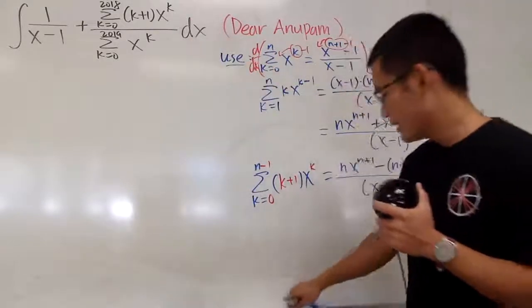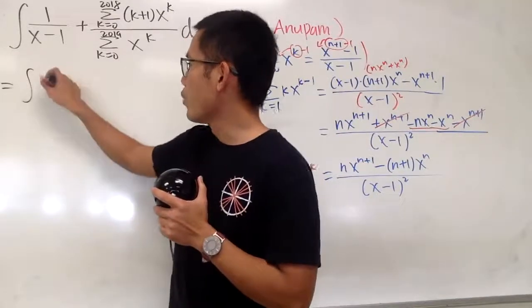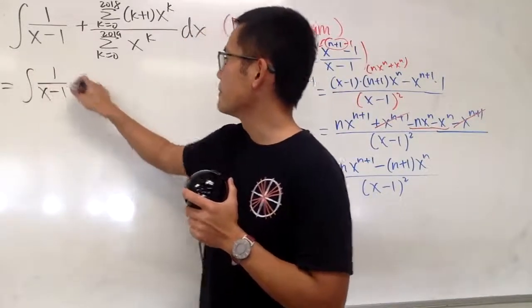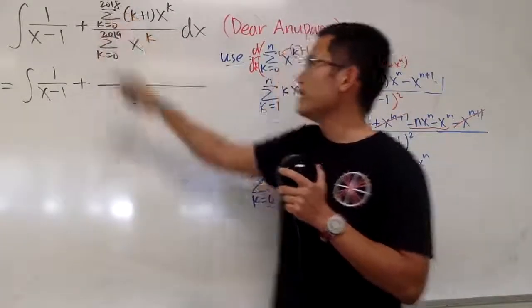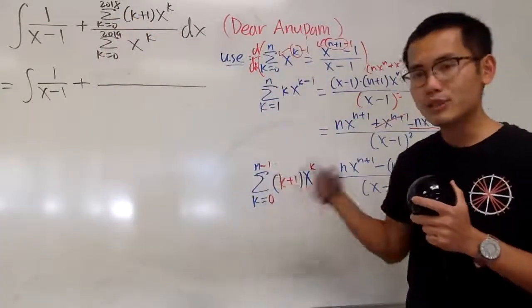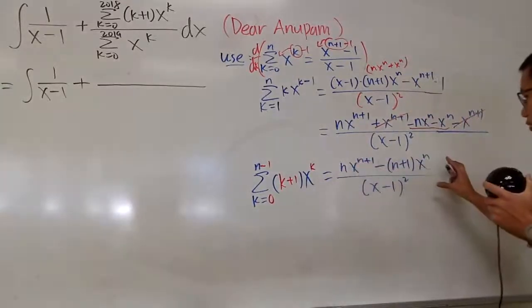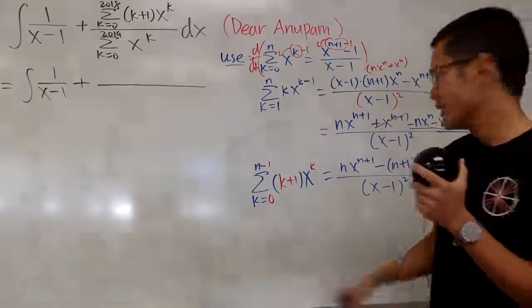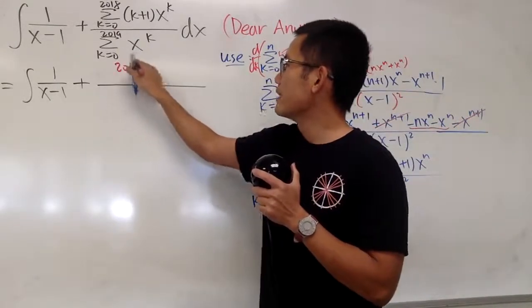Very nice. Now, let's go ahead and get to work for this. Here, the first one is the integral of 1 over x minus 1. Good. Next. And as you can see for the top, well, 2018 is equal to n minus 1. So that means n has to be 2019. And I just have to put that into this formula. That's pretty much it. So here, n is 2019.